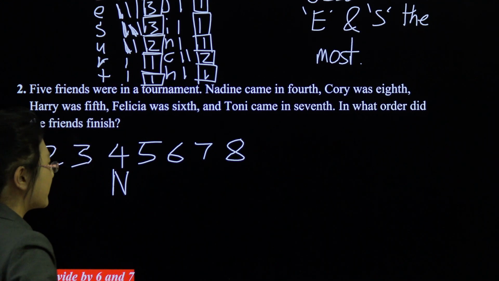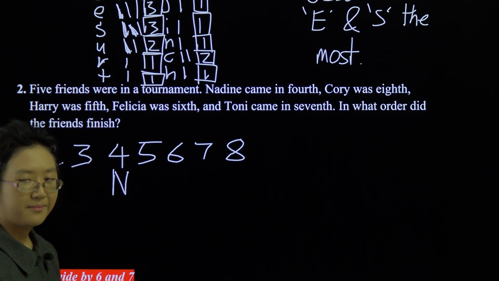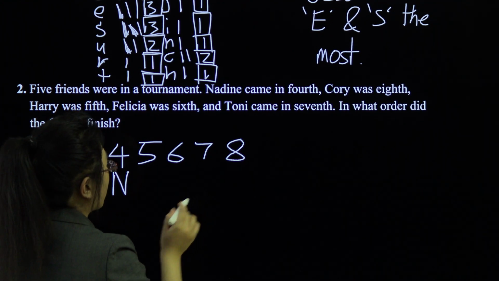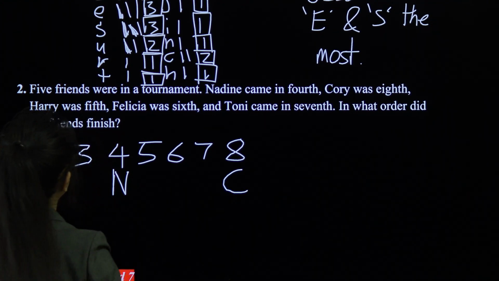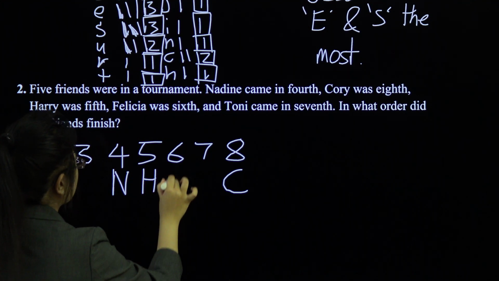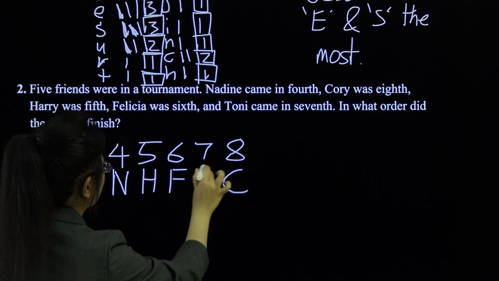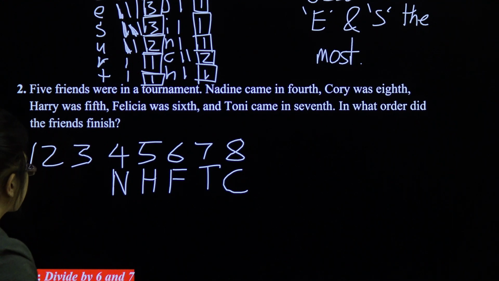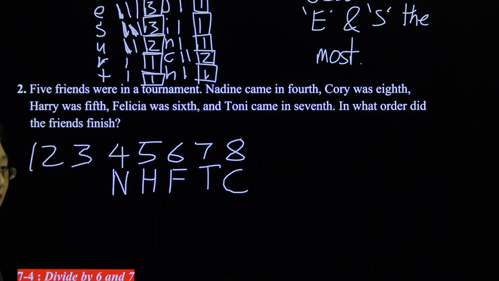This is about as much of a table as this question will get. Corey is 8th. Harry was 5th. Felicia is 6th. Tony is 7th. Well, there's our order.